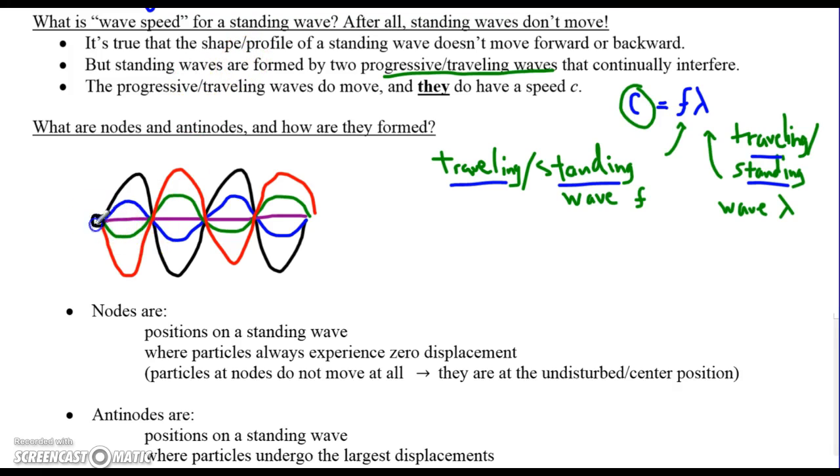Right here, no matter what shape the standing wave has, no matter what moment of time we are in, there are dots that I'm marking where the particle never goes up or down. On the string, this spot right here never moves up or down. And here's another spot where the string particle doesn't ever go up or down. And here's another spot where the string is never going up or down. That particle just stays at the same spot, at the center position, the equilibrium spot.